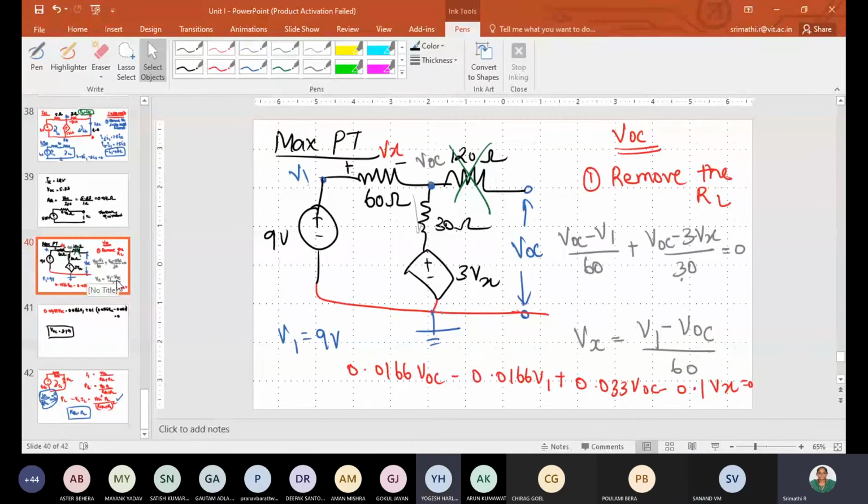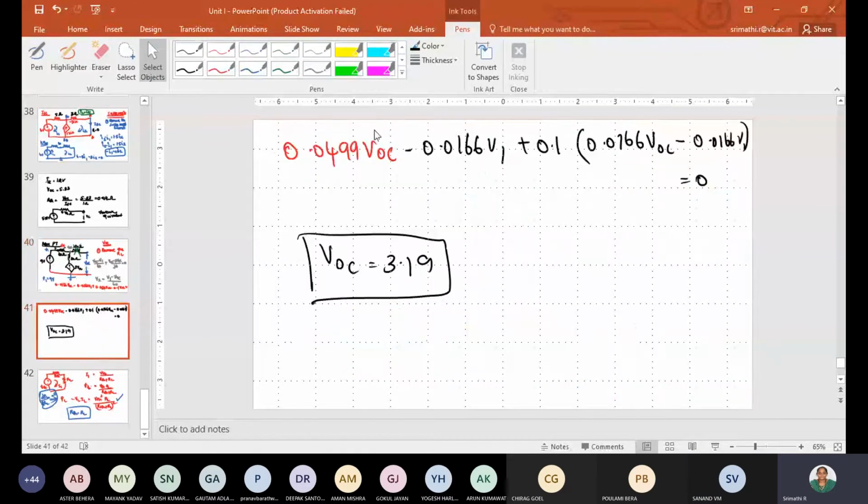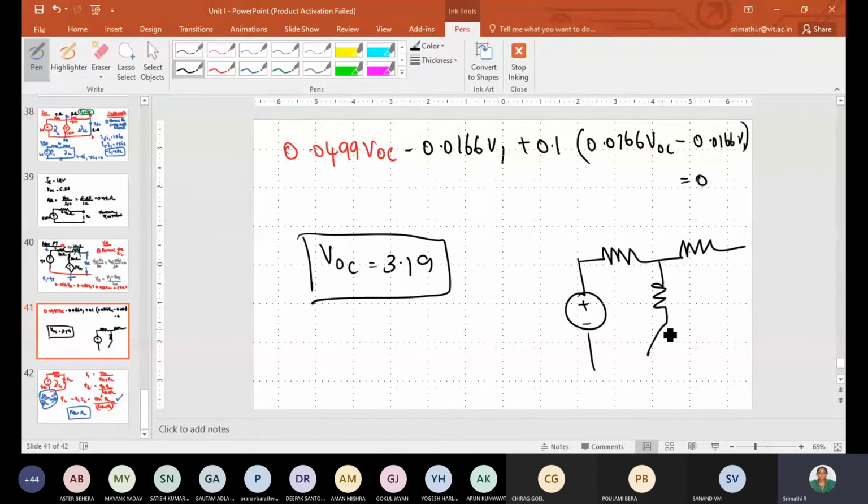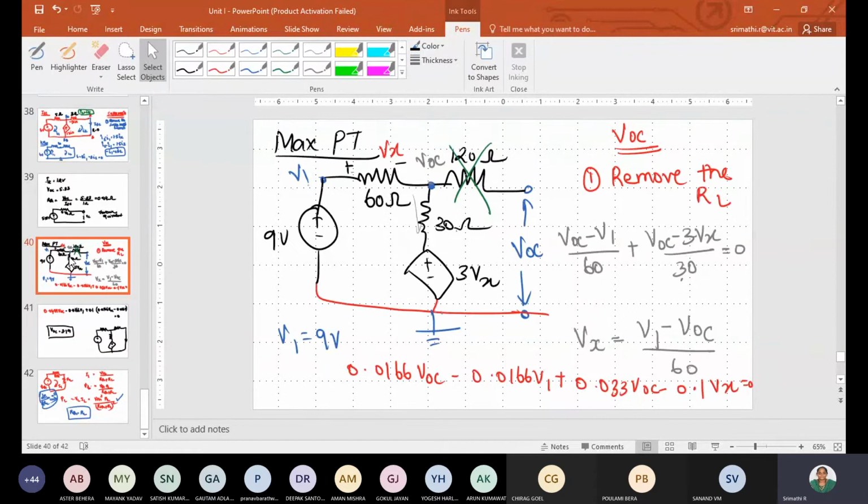Okay, then what is the next step? You need to find ISC. We have a circuit like this. Short circuit your load branch.